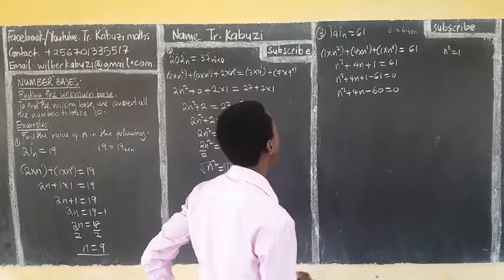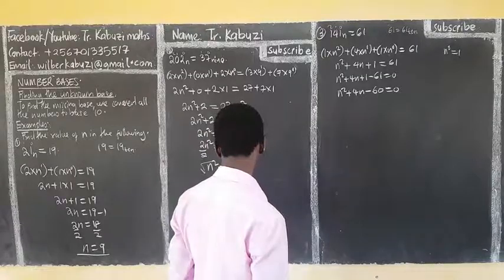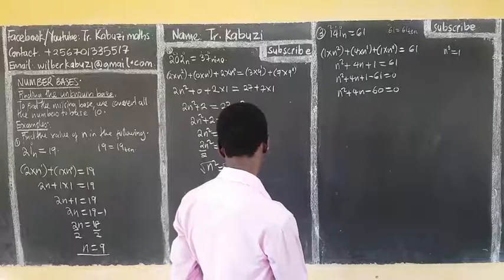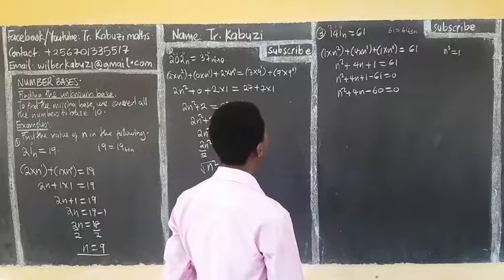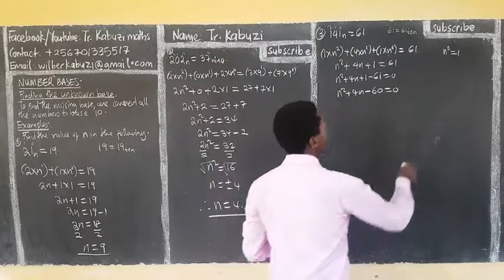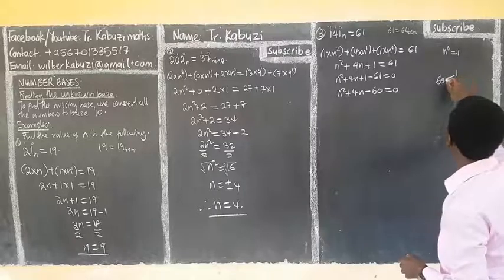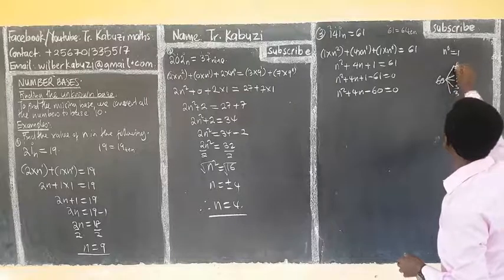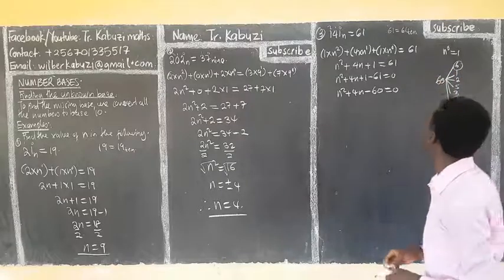You can look out for the factors of 60. Factors of 60, we have 1, 2, 5, 3, and so on. Then we have 6, we also have 10. So the pair of 10 and 6 is going to work for me.